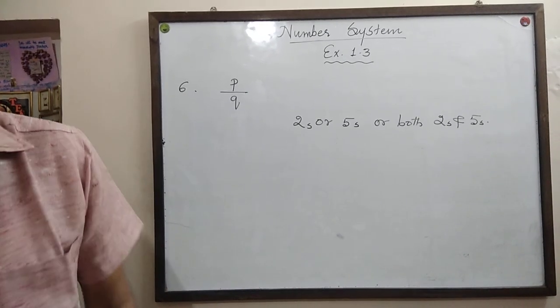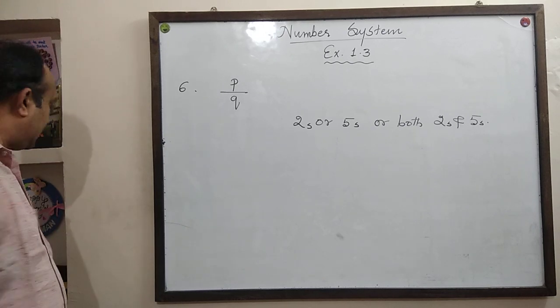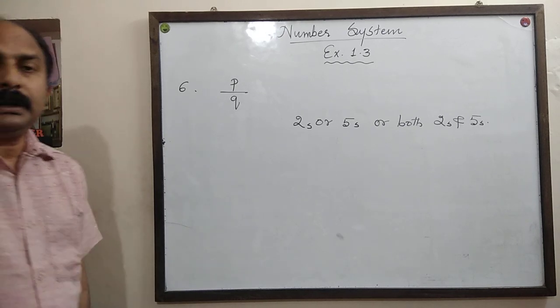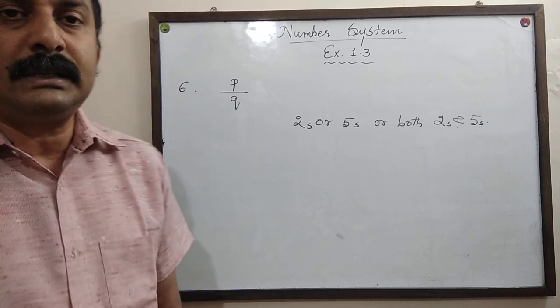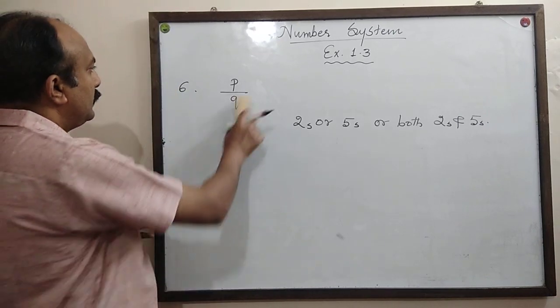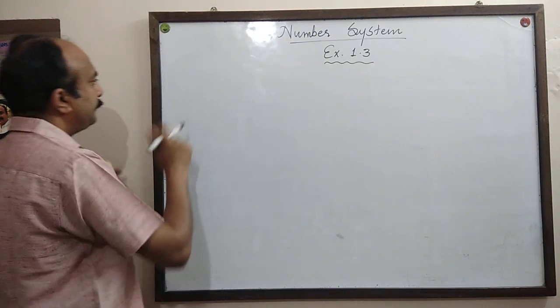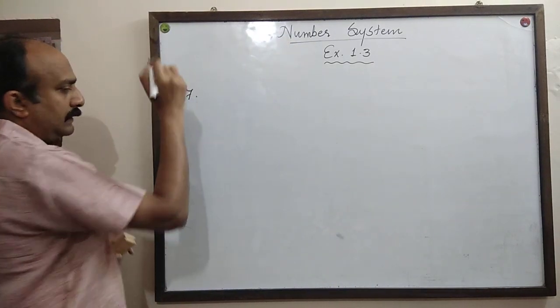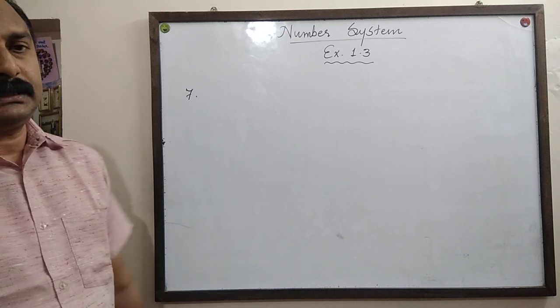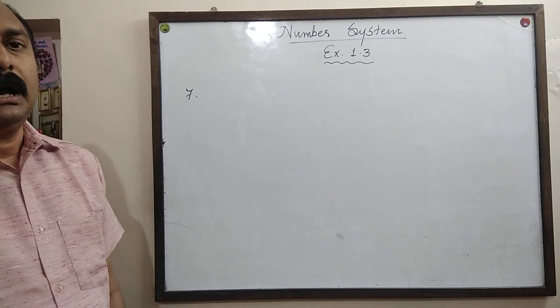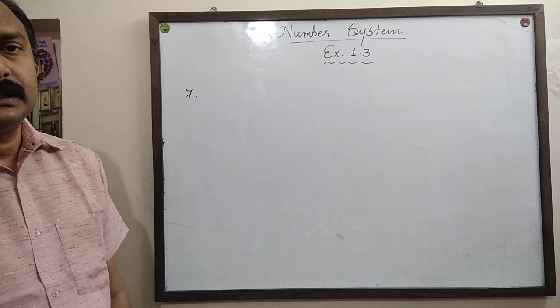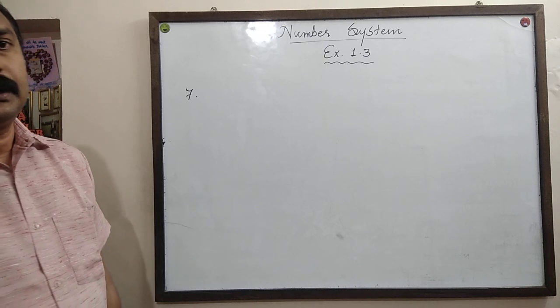So, we know that non-terminating, non-recurring decimal numbers are irrational numbers. So, you can write three such numbers which are irrational and whose decimal expansion is non-terminating, non-recurring.